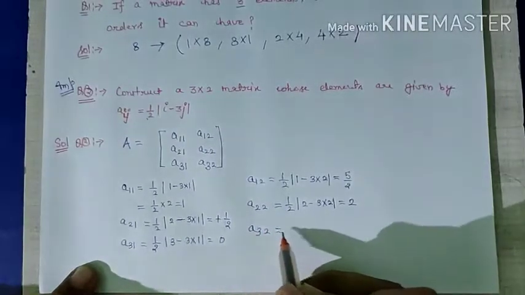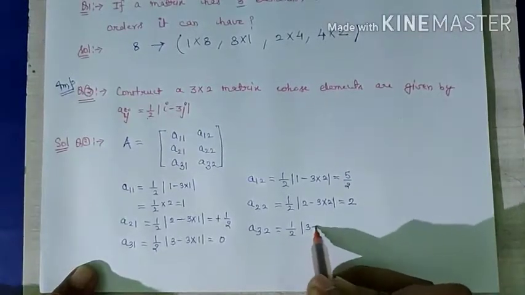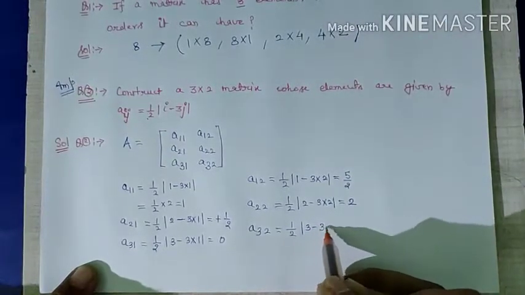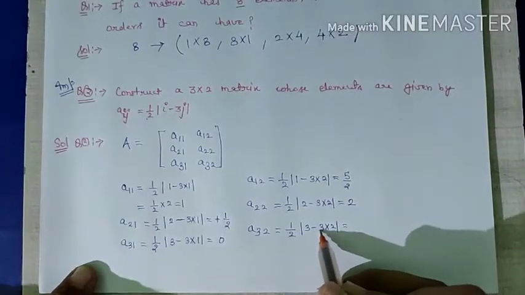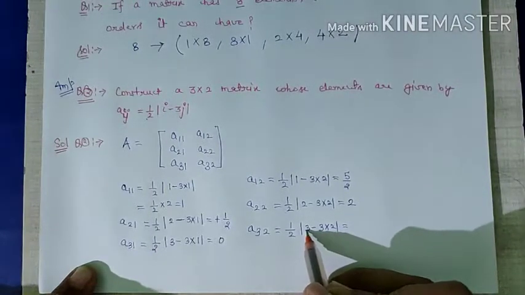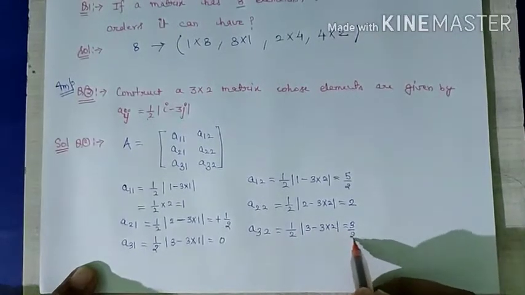a32 is 1 by 2 into |3 minus 3 into 2|, 3 twos are 6 minus 3, so 3 by 2 will be the answer.